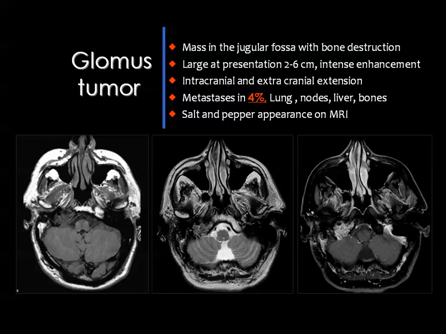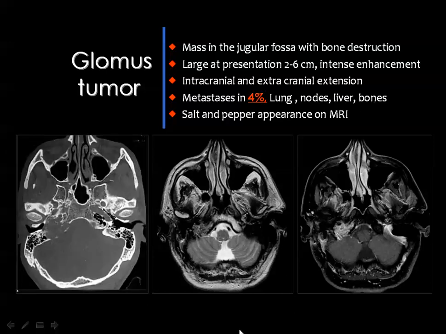Glomus jugular is centered to the jugular fossa, and this tumor will destroy the jugular fossa and the related part of the petrous bone, may invade the middle ear cavity, and may extend in the cerebellopontine angle area as well. These tumors are on the benign side. They are slowly growing, but some of the tumors may give metastatic deposits into the lung, lymph nodes, liver, or bone.